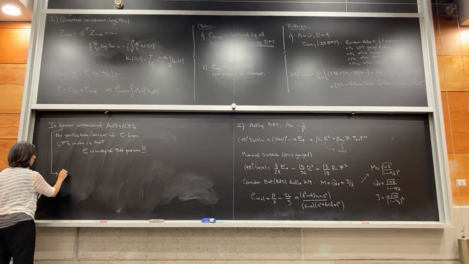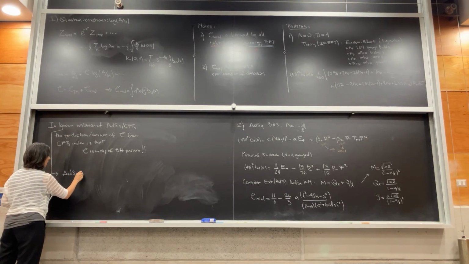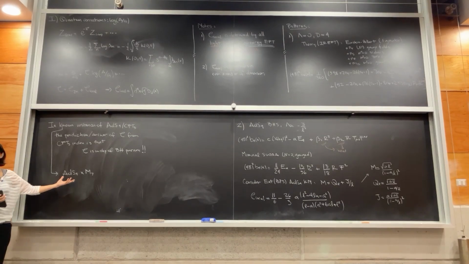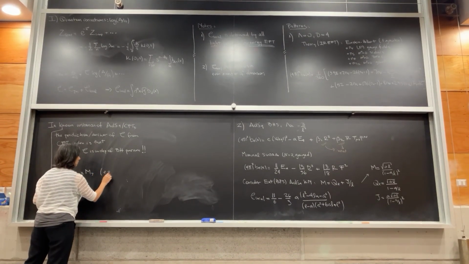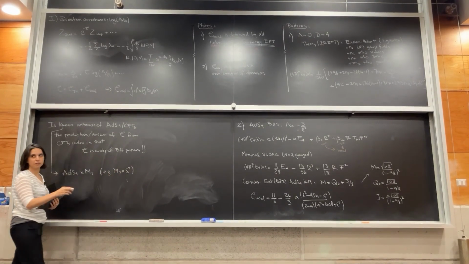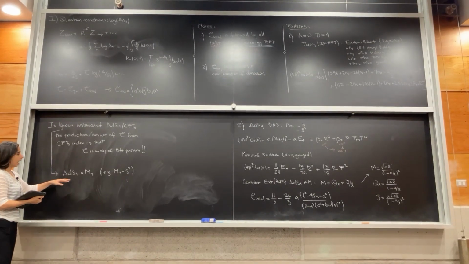So these examples actually come usually from AdS4 times some 7-manifold. They're compactifications of M theory. In the simple case, this M7 is just the 7-sphere. So that's the ABJM.